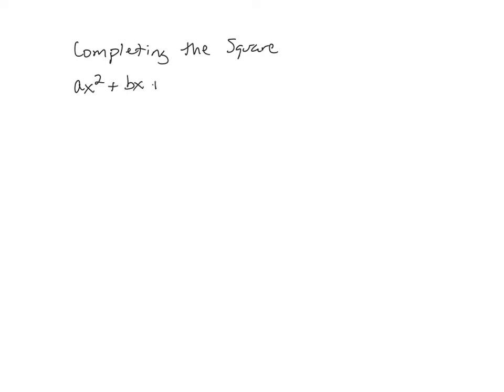So this is our general form of a quadratic, x squared, and a, b, and c are just numbers. So here's the process to complete the square, and when I get to a certain point in the process, I will point out kind of where we need to go with this.